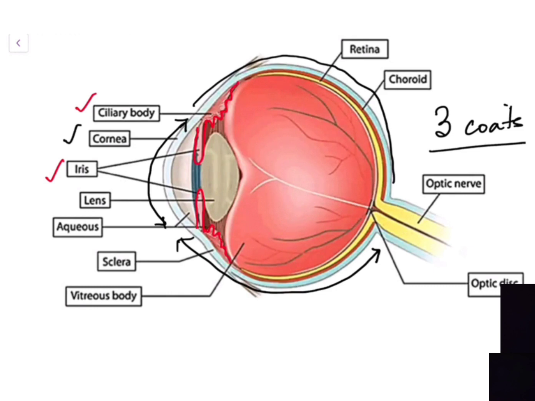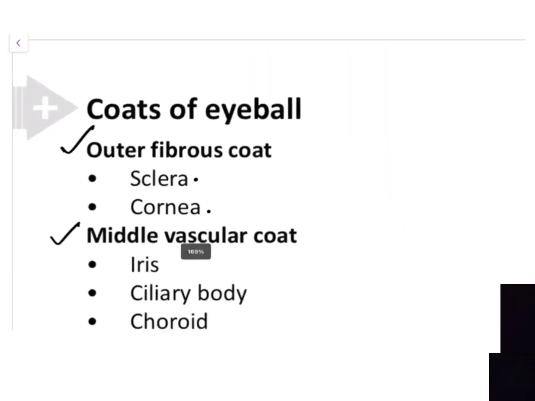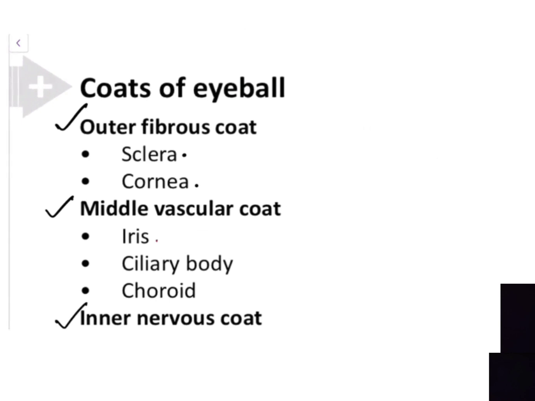And if you trace this tissue further backwards, you can see this red layer which is sandwiched between the blue and the yellow. That is your choroid. So the middle vascular coat, from anterior to posterior, consists of the iris, the ciliary body, and the choroid.